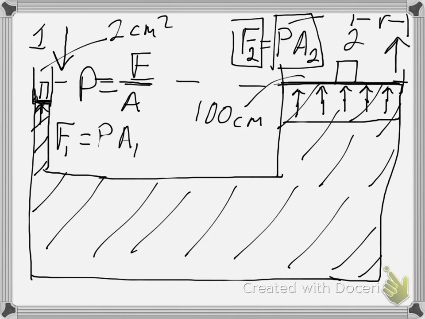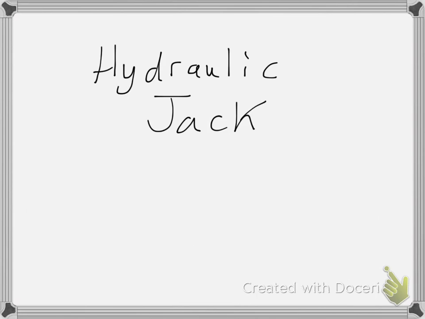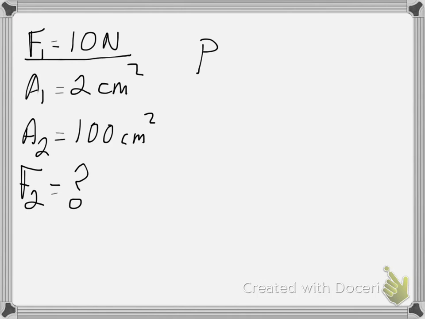Well, if we go back here, remember that we're talking about the change in pressure, and the change in pressure is the same everywhere. So I can say that the change in pressure due to force 1 over area 1 is going to be the same change in pressure that is causing the upward force on my second piston, force 2 over area 2.